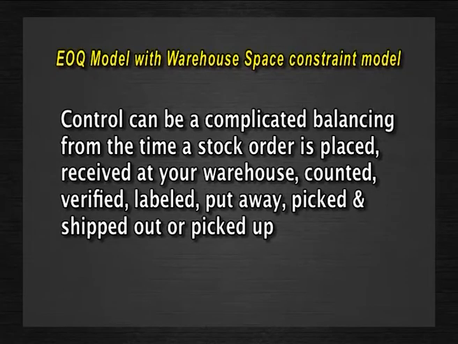Now coming to the EOQ model with warehouse space constraint. The use of inventory control procedures is critical to maintaining accurate, reliable numbers for your operation. Control can be complicated, balancing from the time a stock order is placed, received at your warehouse, counted, verified, labeled, put away, picked and shipped out or picked up.